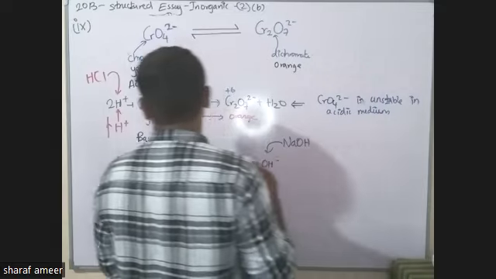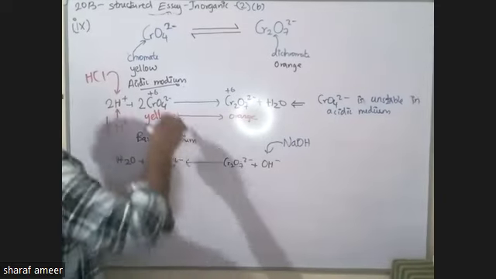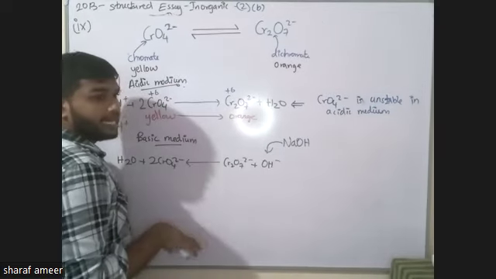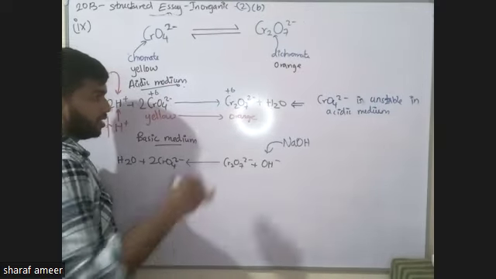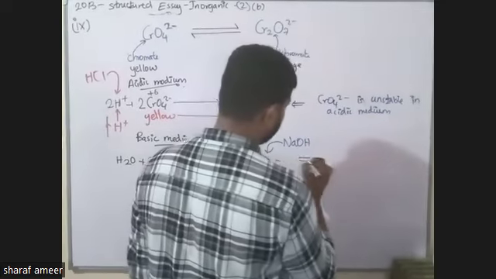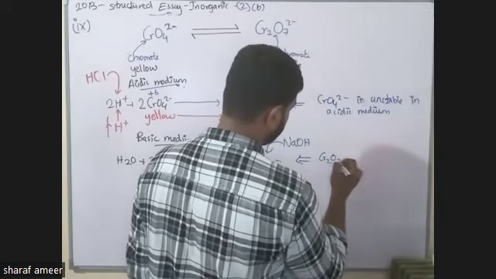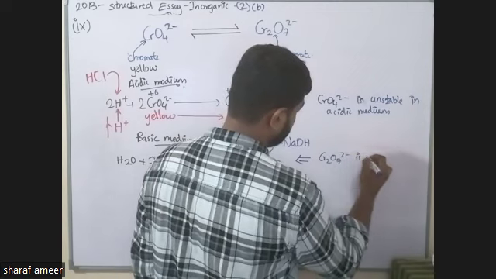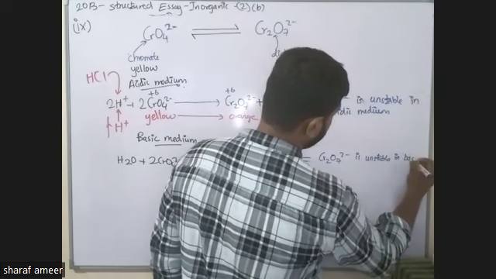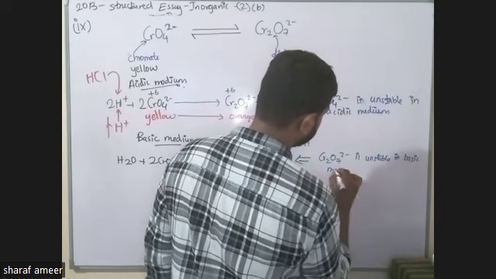Since this is unstable in acidic medium, it tends to move to the dichromate side. The reason is that Cr2O7 2- is unstable in basic medium.